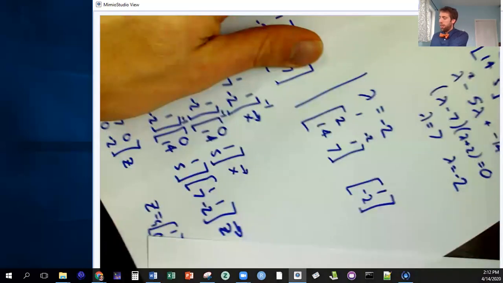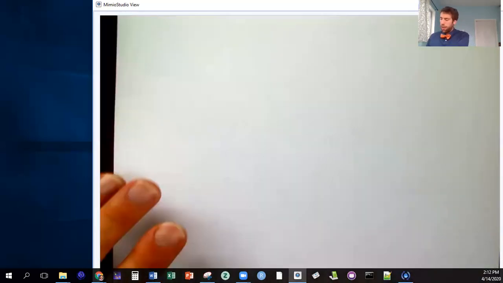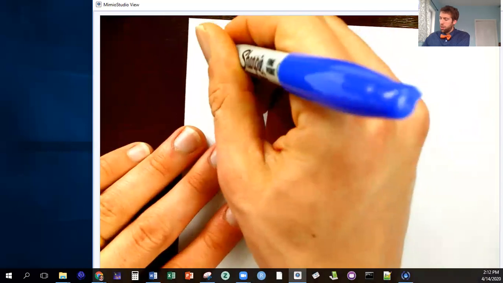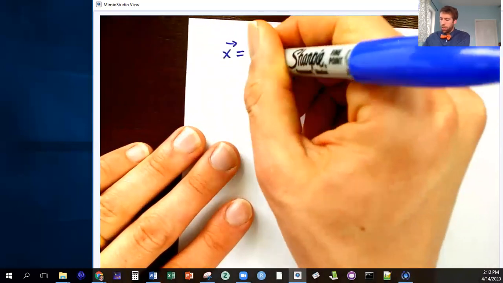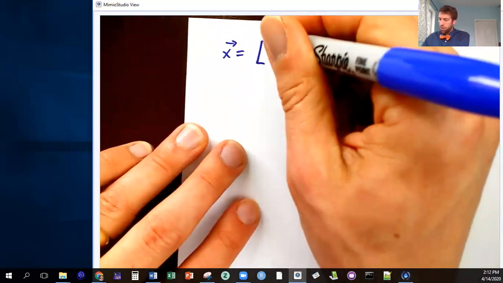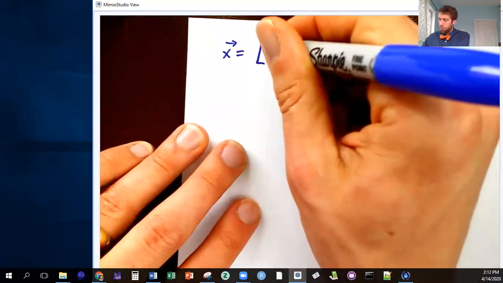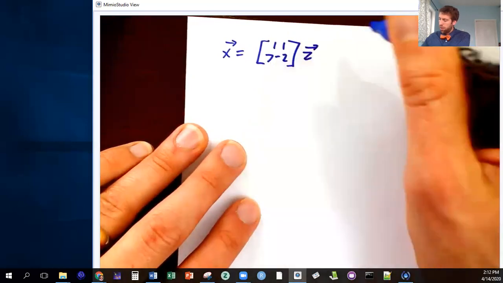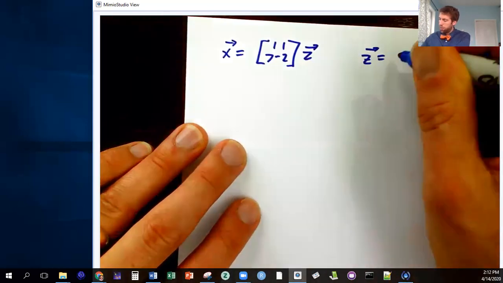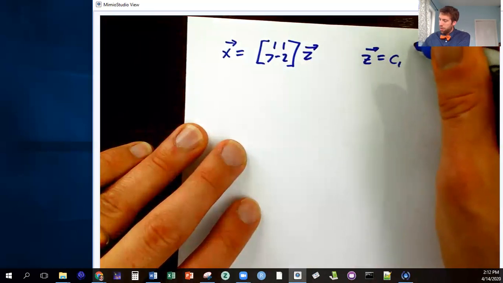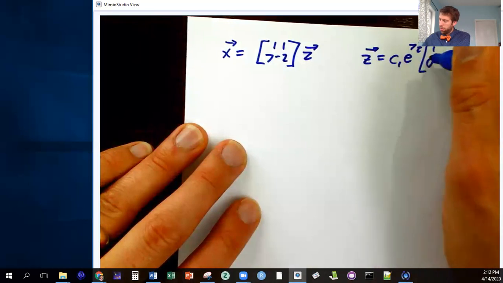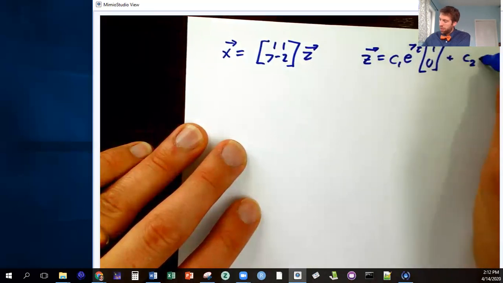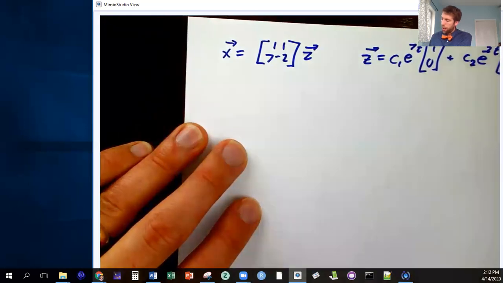So if z is that, then x equals T times z. So x is the matrix 1, 1, 7, negative 2 times z, and z equals c1 e to the 7t times the vector 1, 0 plus c2 e to the negative 2t times 0, 1. Okay?